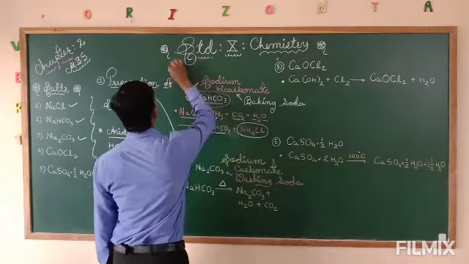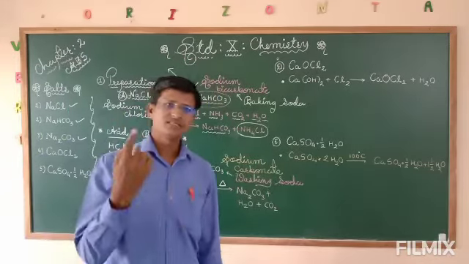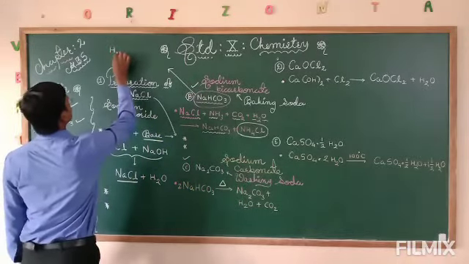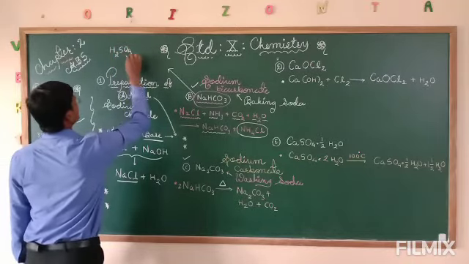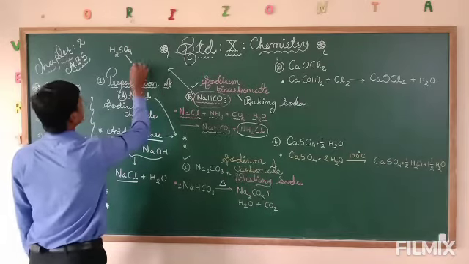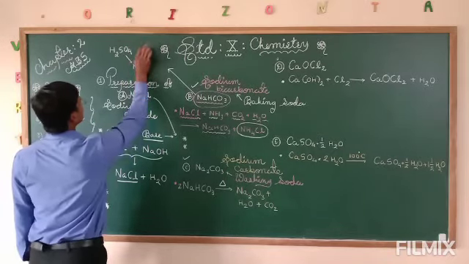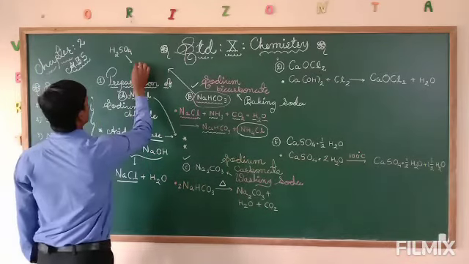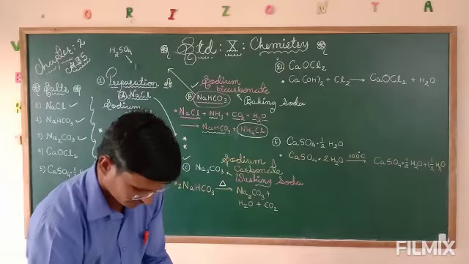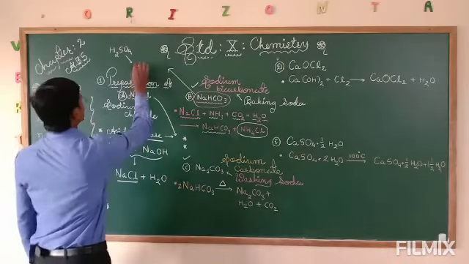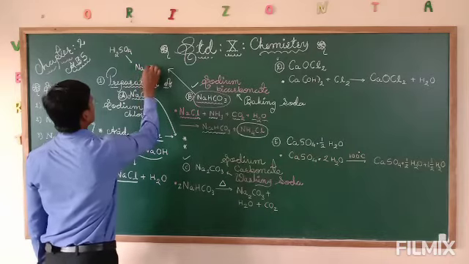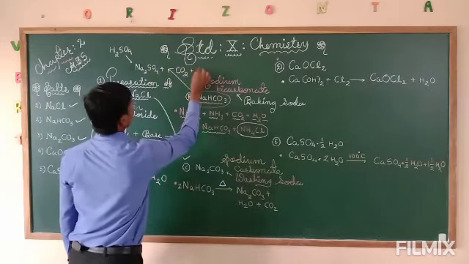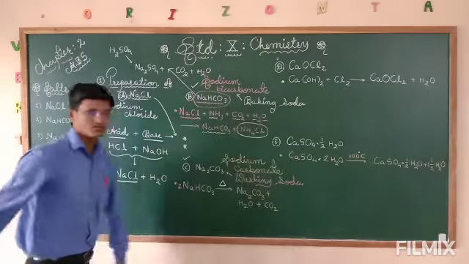So if you consider NaHCO3, when it reacts with acid, in the fire extinguisher NaHCO3 reacts with H2SO4, sulfuric acid, and it will give the products Na2SO4 plus CO2 and H2O. So this is the equation in the fire extinguisher.